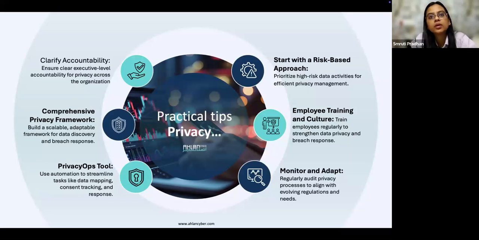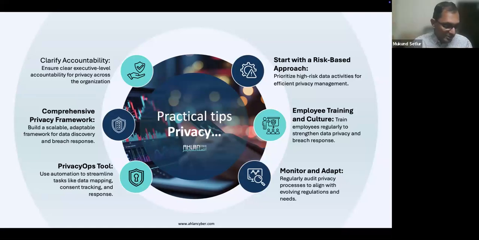So internal audits you can conduct at least once in a year, or you can also conduct it bi-yearly, just to check your readiness. So these are again recommendations, but the important part is starting with identifying where the personal data lies within your environment and then going forward with that whole program before you reach the audit stage.